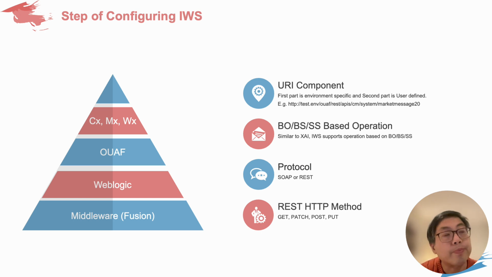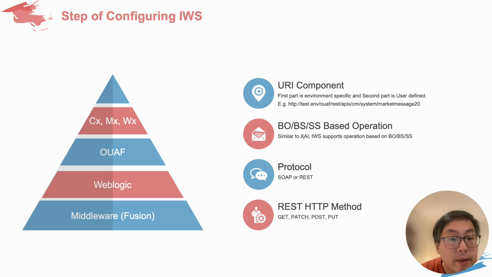Inbound wise, let's say we set up IWS, the system would actually receive a call, and then a process at the back end will be kicked off. That is very similar to XAI. Okay, so let's look at a few components.